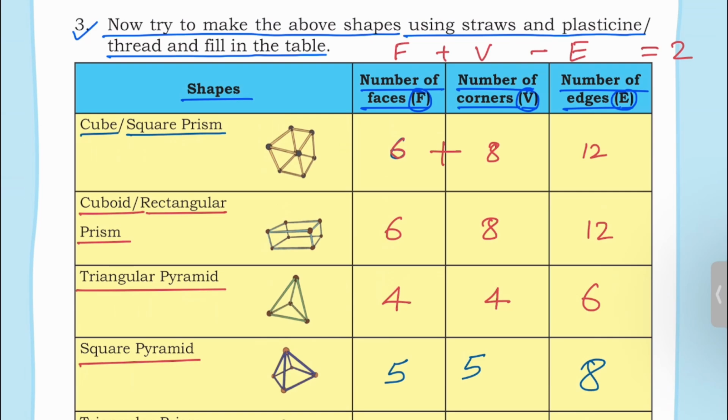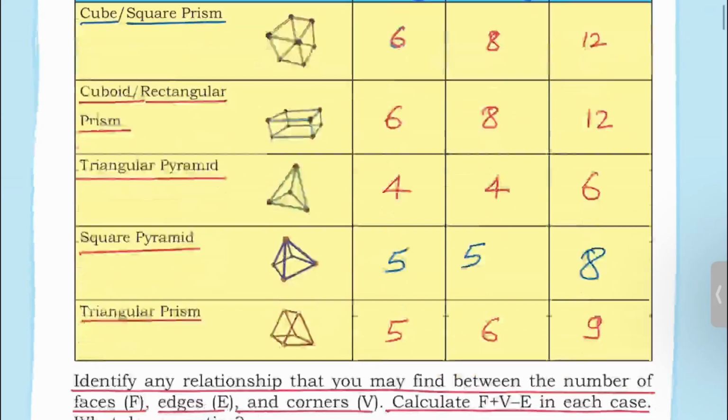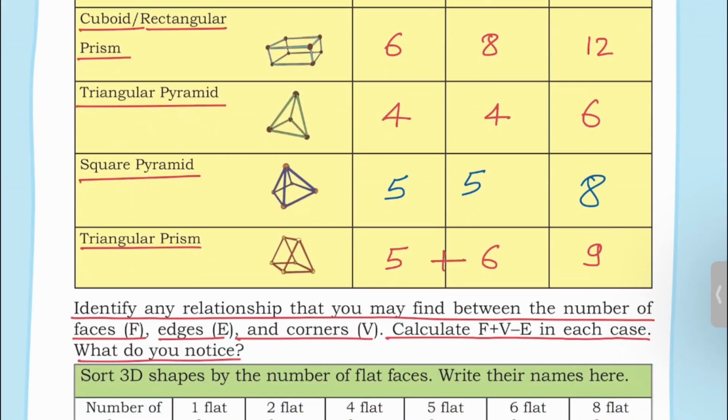6 plus 8, 14 minus 12 is equal to 2. Similarly, 6 plus 8 minus 12, that is 14 minus 12 is equal to 2. 4 plus 4, that is 8 minus 6 is equal to 2. 5 plus 5, that is 10 minus 8 is equal to 2. 5 plus 6, that is 11 minus 9 is equal to 2.